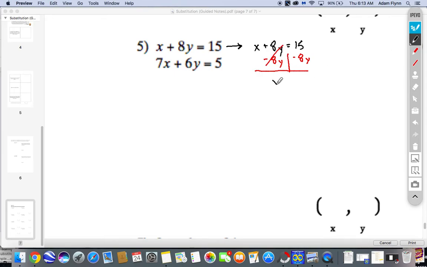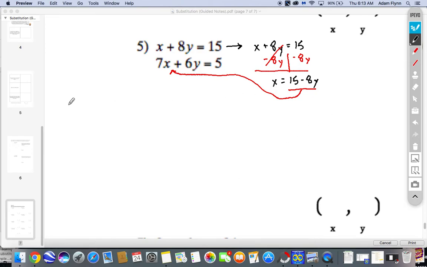So I get x equals 15 minus 8y. Or if you had negative 8y plus 15, it's the same thing. So now that I've isolated my x, I can take the expression that x is equal to and go ahead and plug it in for x into my bottom equation.